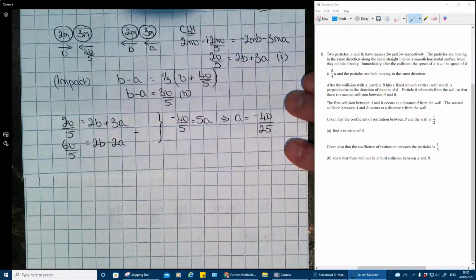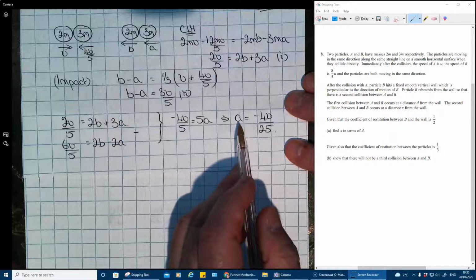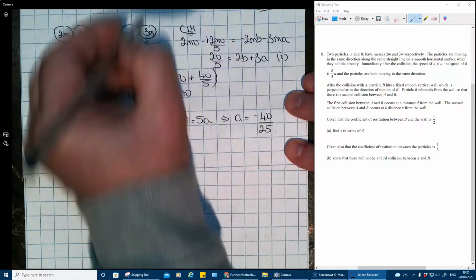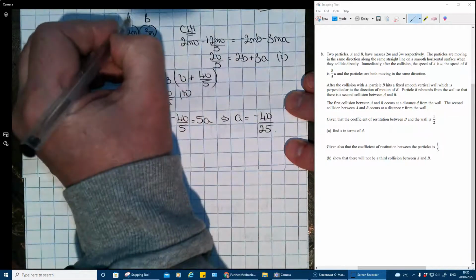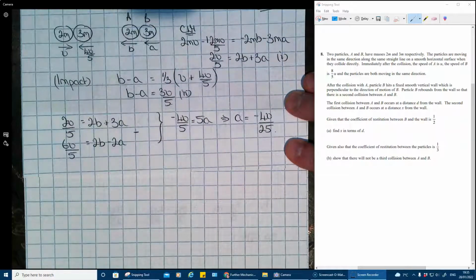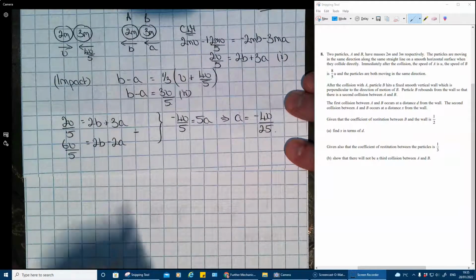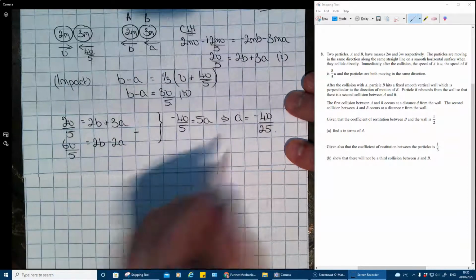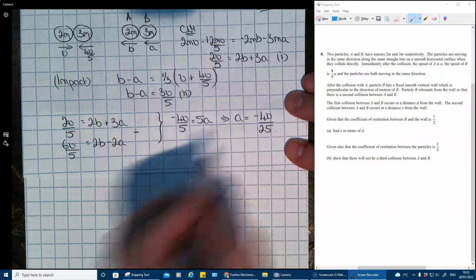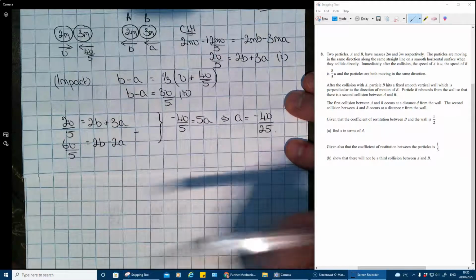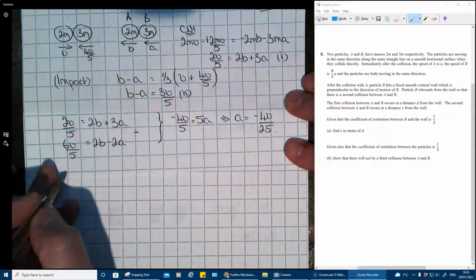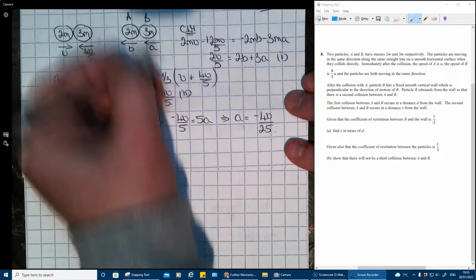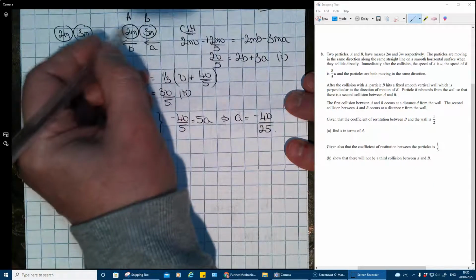Okay, so I've just actually realised that I've called a the velocity of, this is actually particle b and particle a, so my labelling wasn't too good, but anyway, so I now know that velocity a is that way, so b is going that way. Very confusing.